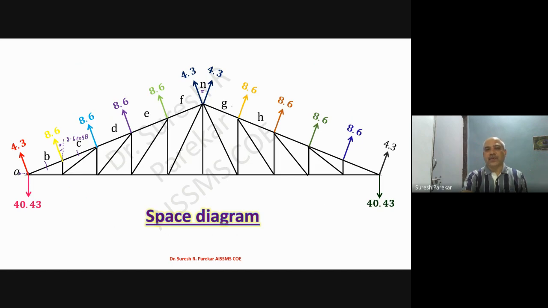Therefore we have given that as N, because till M we have already given names. Inside, we name the spaces which are between the members. So this is my space diagram for wind load.